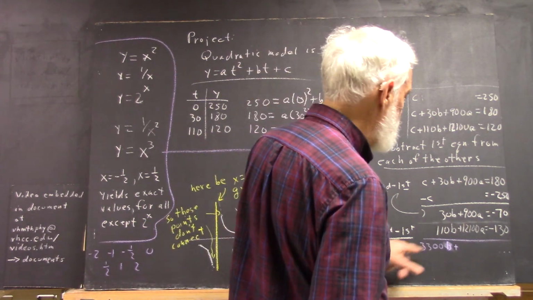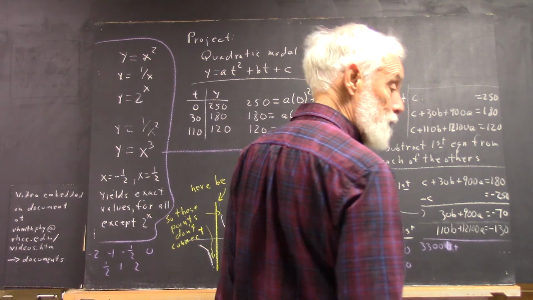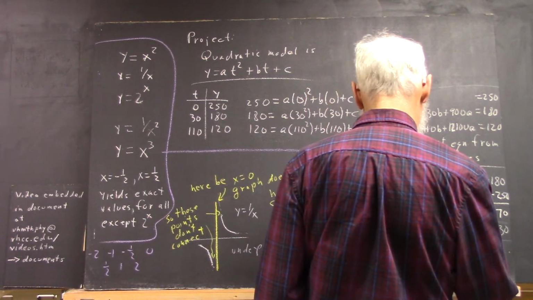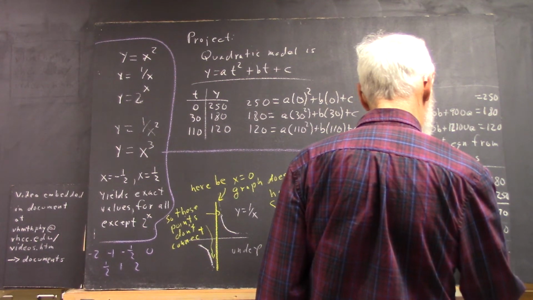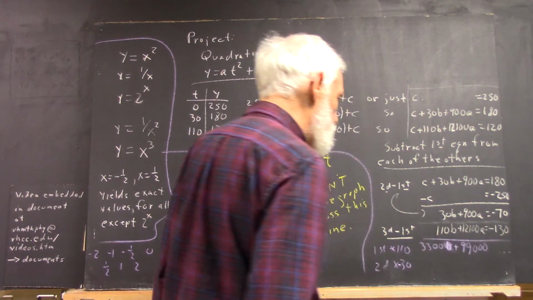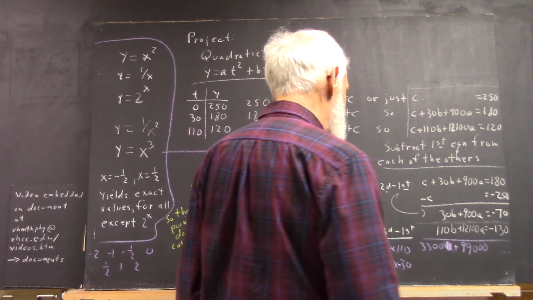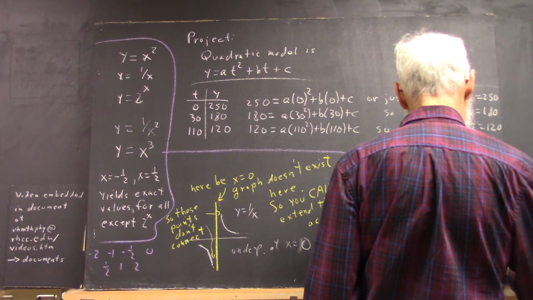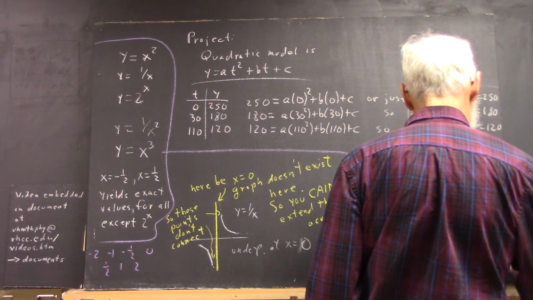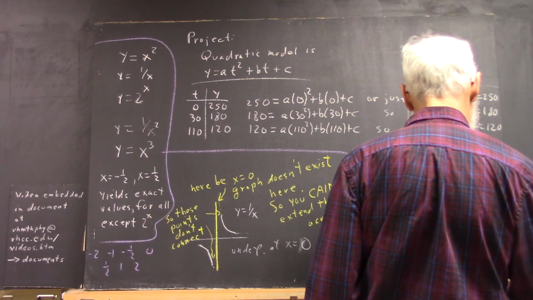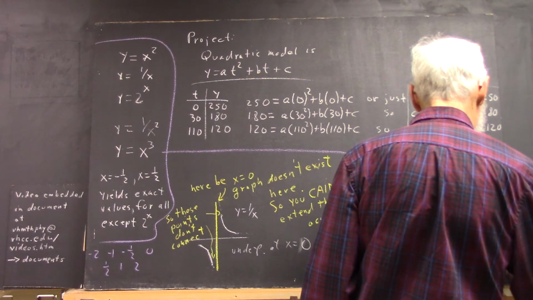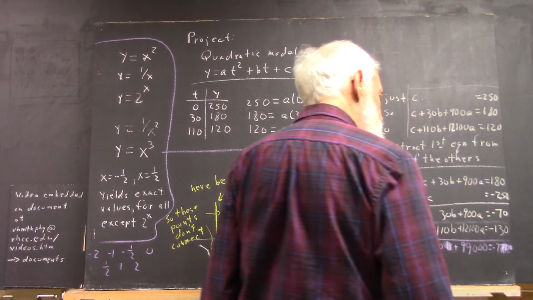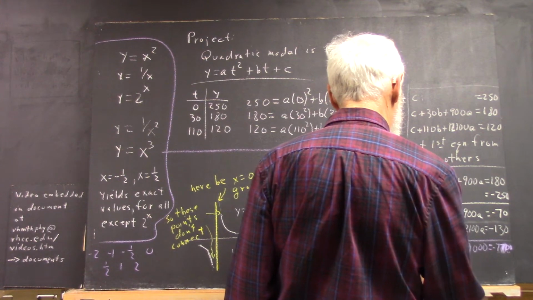Well, I've got to multiply 110 by 900, which gives me 99,000. That one's kind of easy. And 70 times 110 is going to be minus 7,700. And then here I'm going to get negative 3,300b.